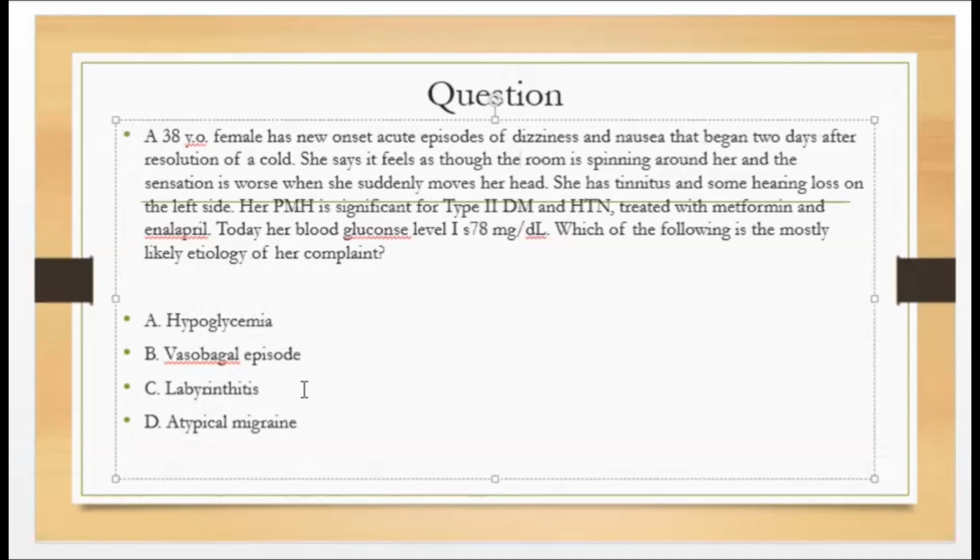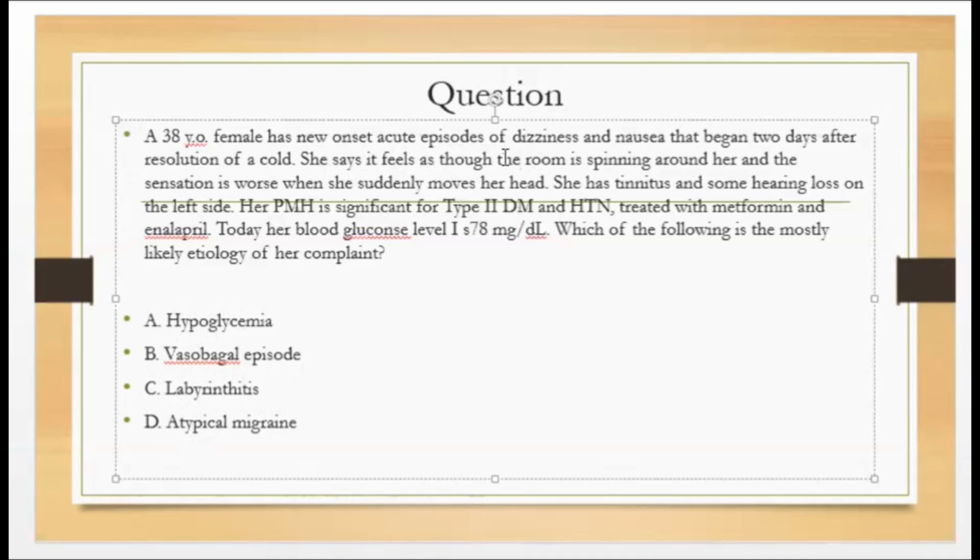So people that have this condition always have disturbances in balance and hearing. So definitely this is a very easy question. It's straightforward. Nobody should fail it, because we know what hypoglycemia is, and we know what migraine is, so it doesn't relate to any of these symptoms.